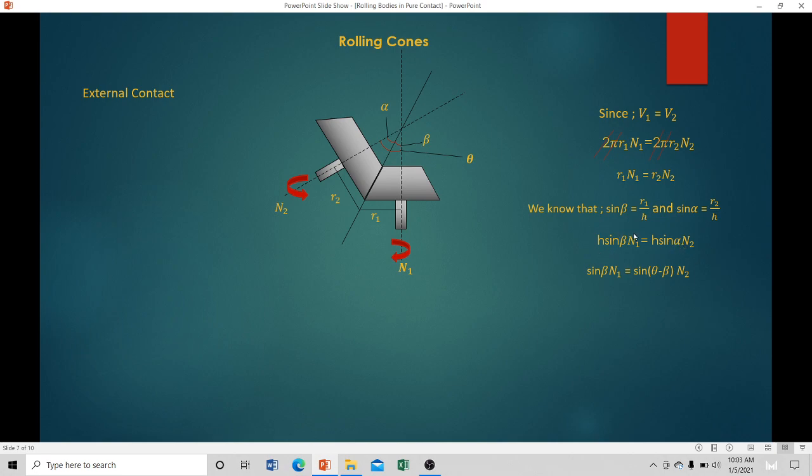We can cancel out the H, so what remains is sine beta N1 is equal to sine alpha N2. And alpha we can rewrite as theta minus beta, so from this angle we have theta, then minus beta, and the result is alpha. So sine of theta minus beta.